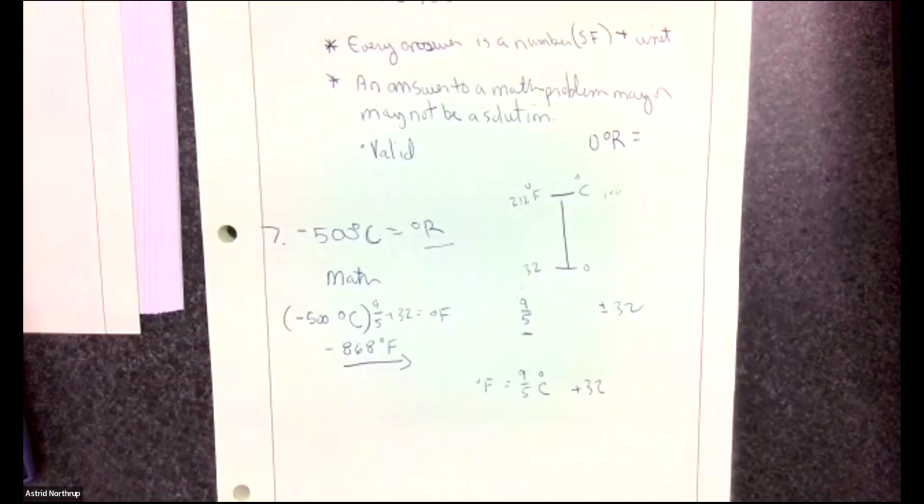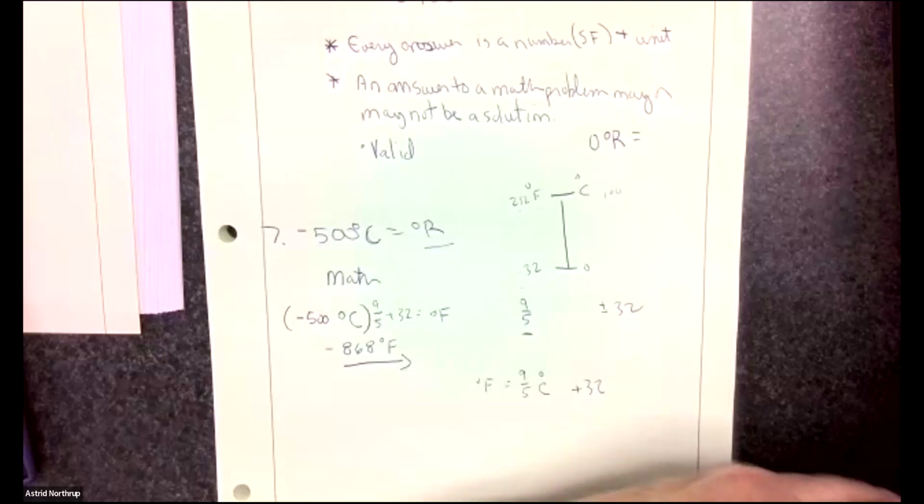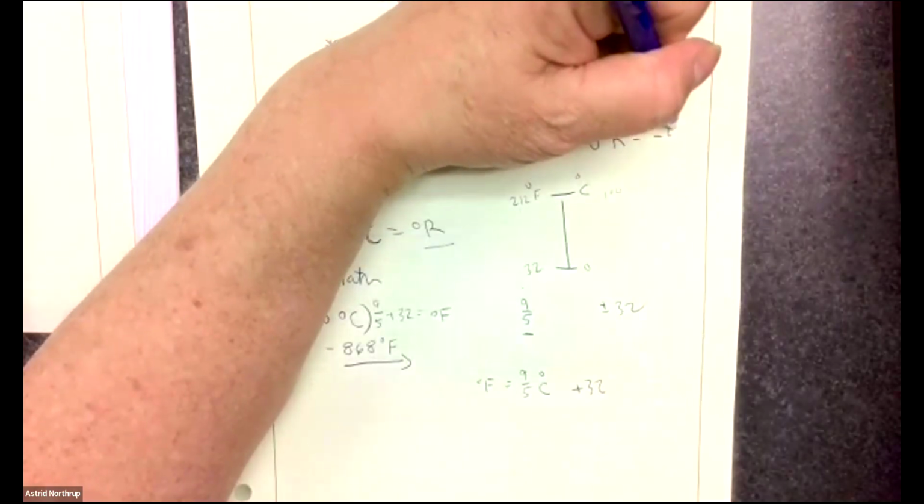I always forget that number. How many degrees Fahrenheit is absolute zero? 459. Yep, negative 459.67.